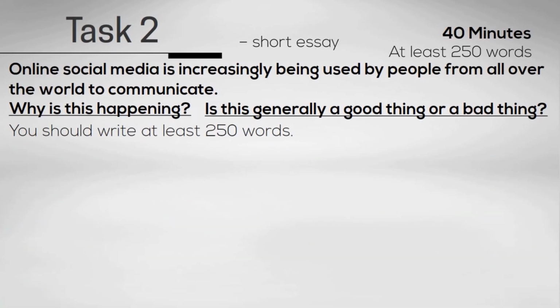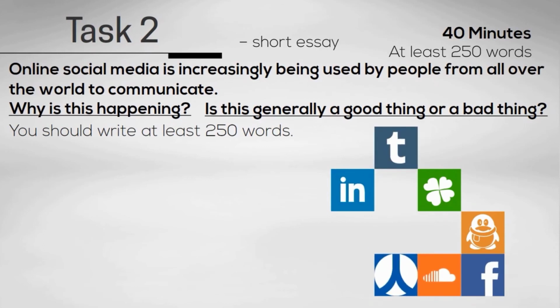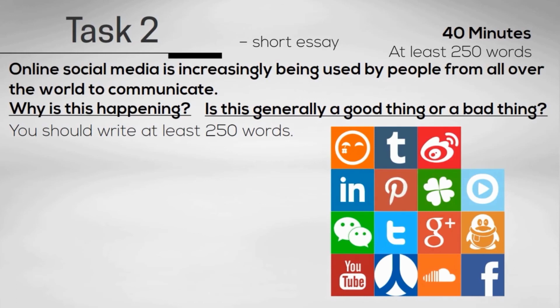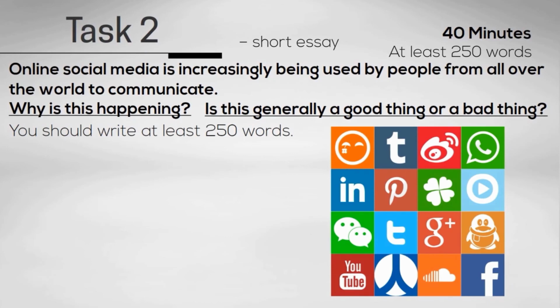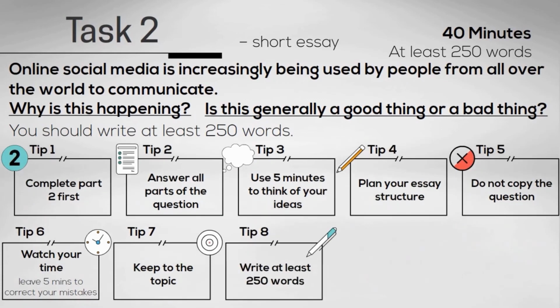In this essay, if you only describe the type of social media people used, you would not be answering the question, and you would get a lower score. If you wrote about how certain social media websites are restricted by companies or governments, this would be going off topic. This means a lower score. Make sure you write enough words. Underlength answers means a lower score. That's tip number 8.